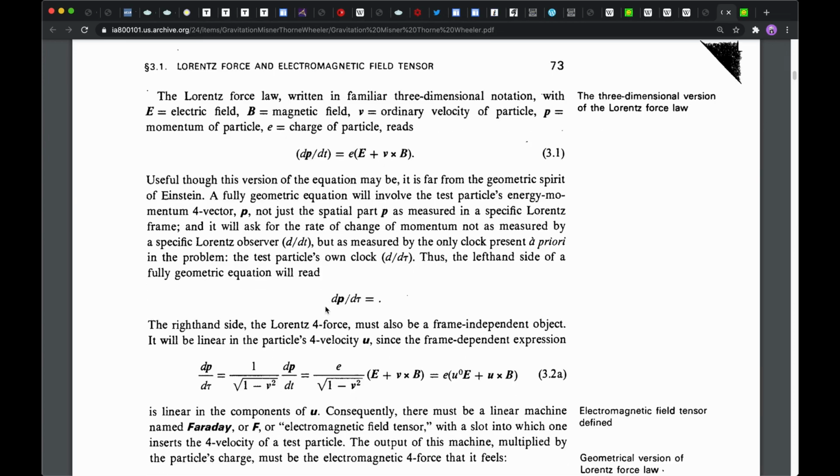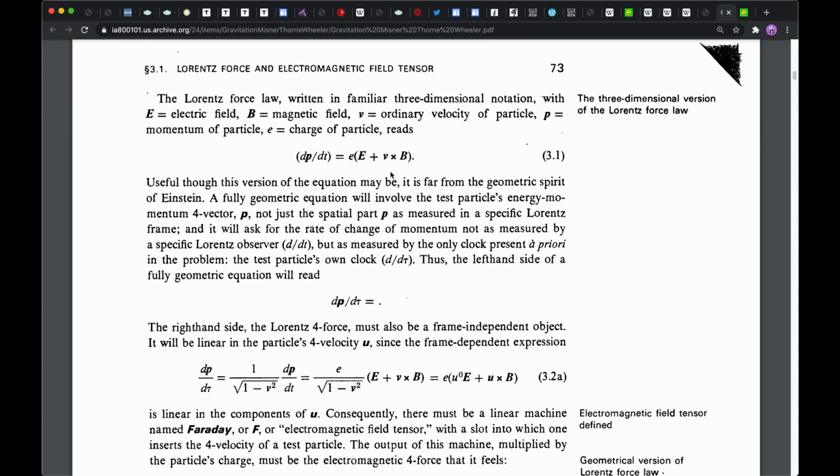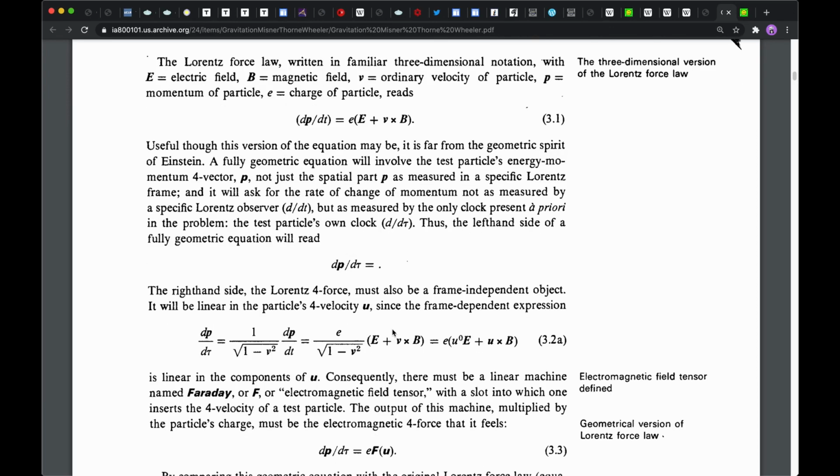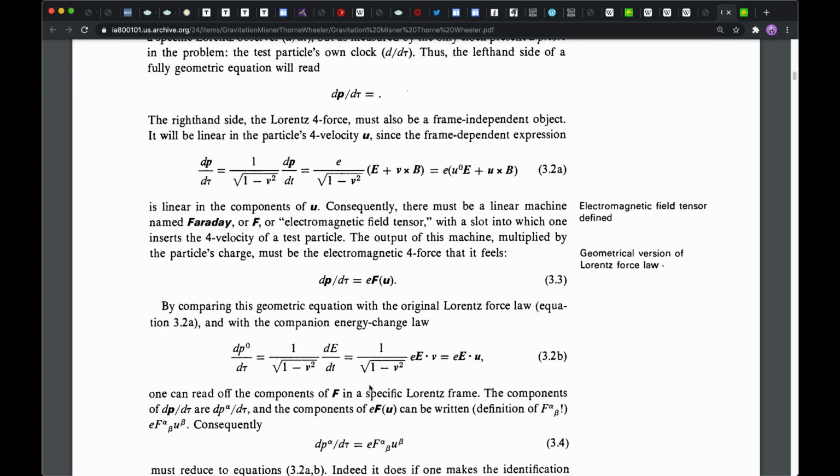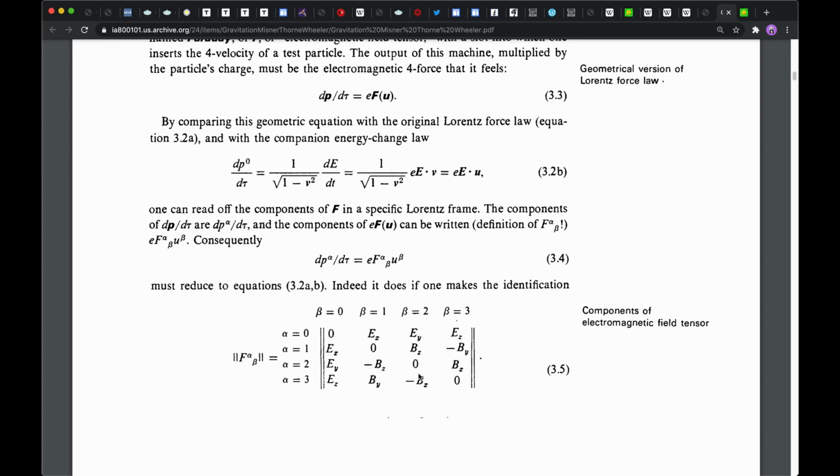And here you have the story of how to convert that into the 4-dimensional version, where you have dp, that really bold p here, over the proper time derivative, and how to obtain the F tensor here, which is actually the electromagnetic tensor we have seen already. Yeah, so that's the idea behind those.